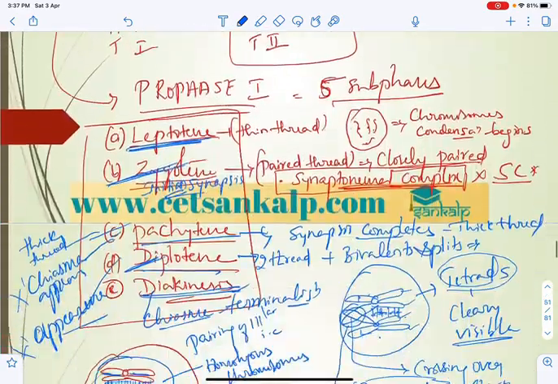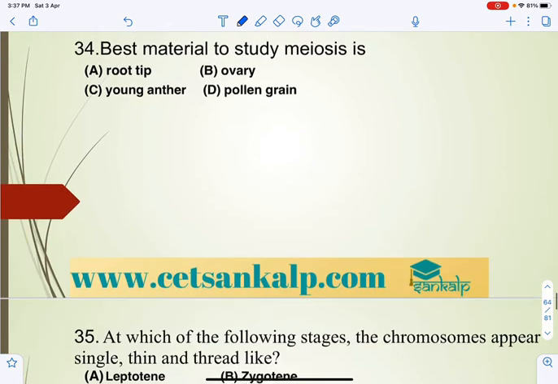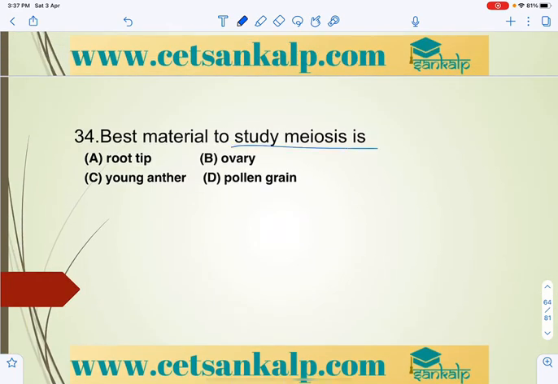And next, the best material to study meiosis. Whenever we select the best material, the complete division should be there. So in male and female reproductive structures, in plants, the anther, the microsporangium.